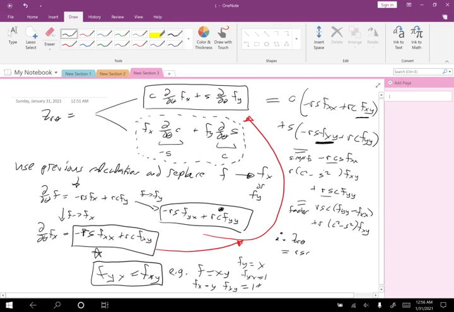So r s c (f_yy minus f_xx) plus r (c squared minus s squared) f_xy plus the theta stuff. So how about I just put a minus s f_x plus c f_y. That is it. That is our mixed derivative. There are 3 terms.